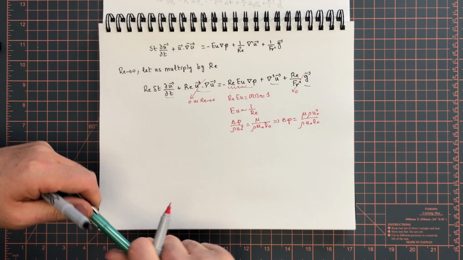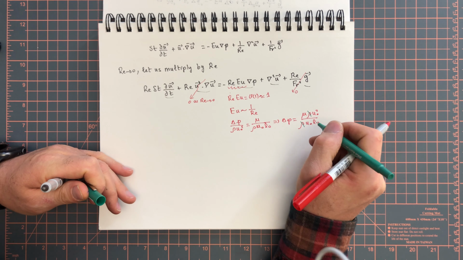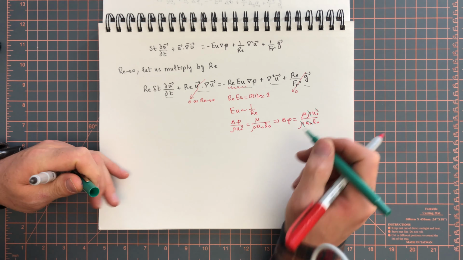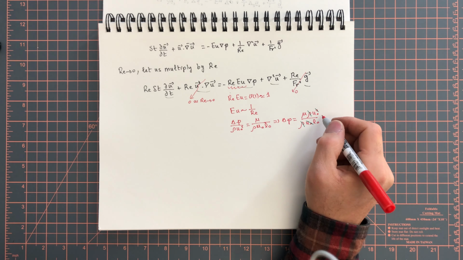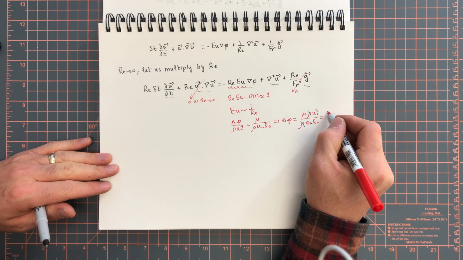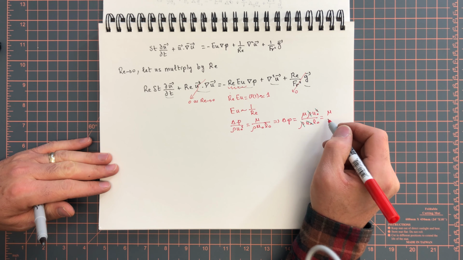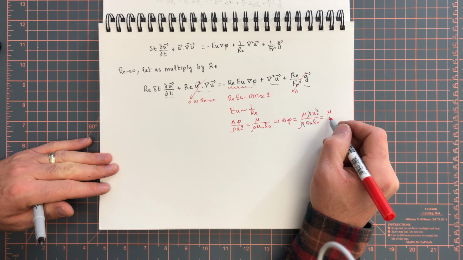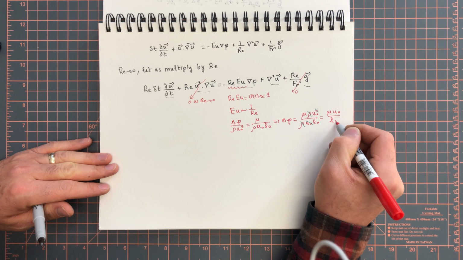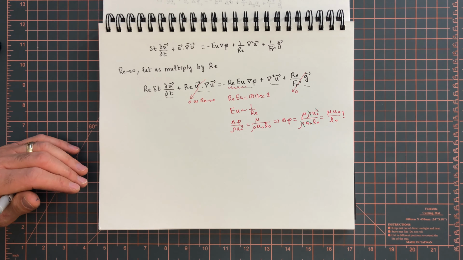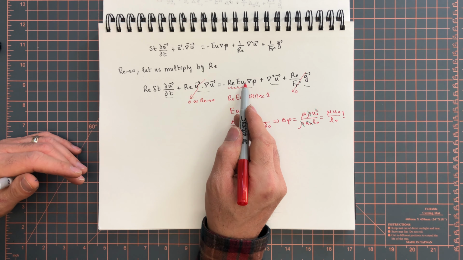If we knock out the common terms, rho and rho, and u squared, that gives us our viscous scaling. Delta P being equal to mu u0 over L0, just like we did before. And that makes this entire term equal to 1.